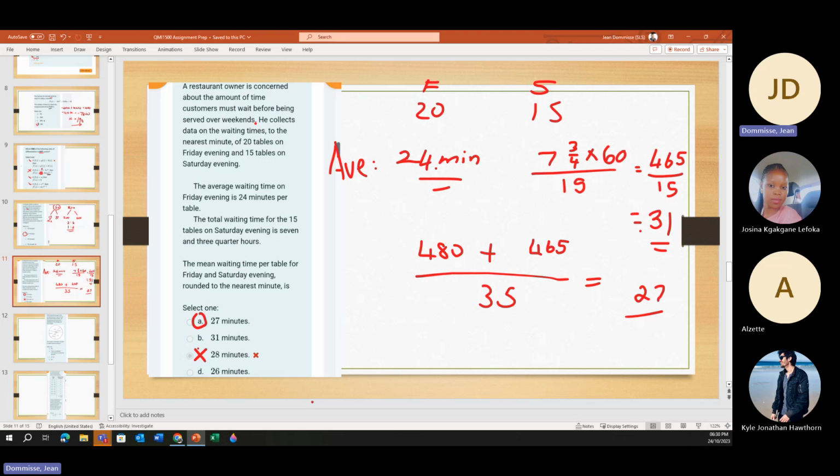So I would have gone to get the total time, which is the 480 for Friday. We've got the total time for the Saturday. And then I will divide by the number of tables to get the average or the mean for Friday and Saturday, which gives us 27.